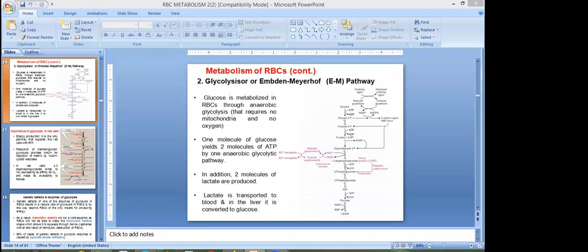In our hemoglobin, we want it to be iron 2 plus. Iron 2 plus is the good hemoglobin. It's what we want. But the oxidized hemoglobin, that is iron 3 plus, not good. That hemoglobin does not like oxygen. So here NADH helps to make sure that we have our normal hemoglobin, not our methemoglobin.